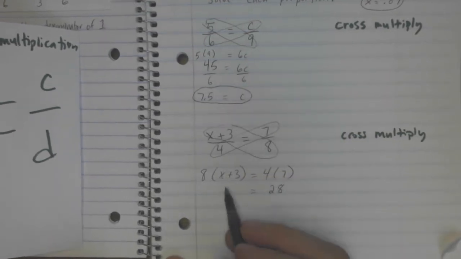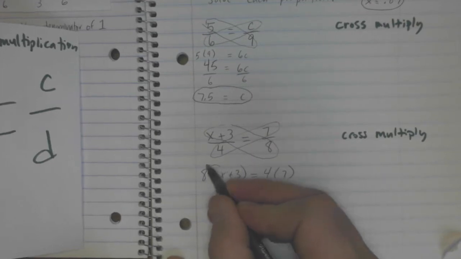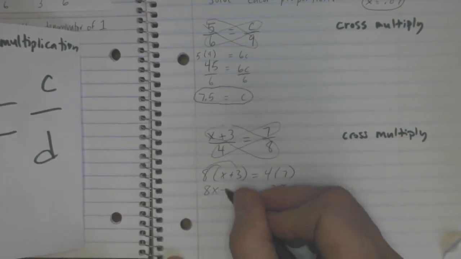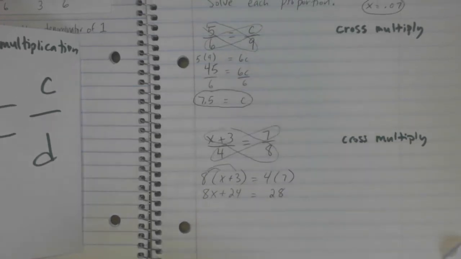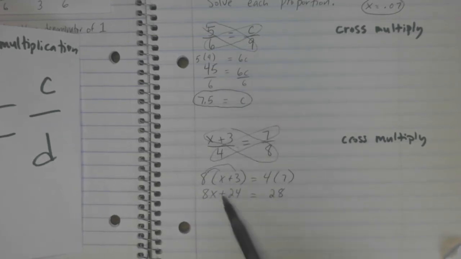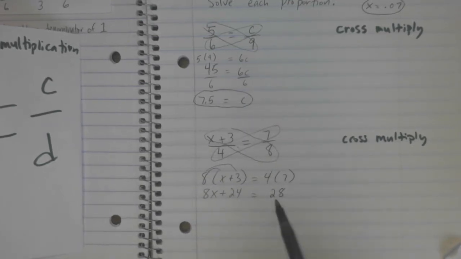And then to solve the left side, all we have to do is distribute. So 8x plus 24. And now we have a two-step equation. So all we've done so far is cross-multiplied and then simplified down to this. So now we have a two-step equation.